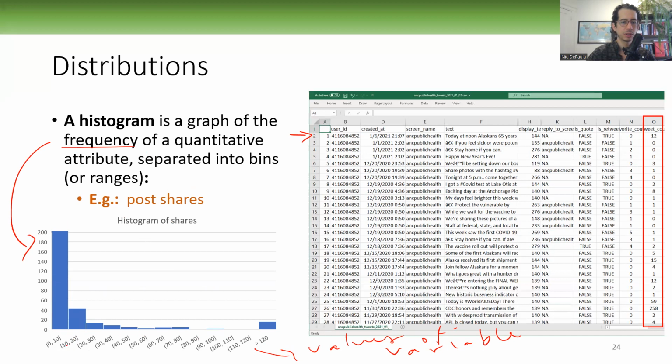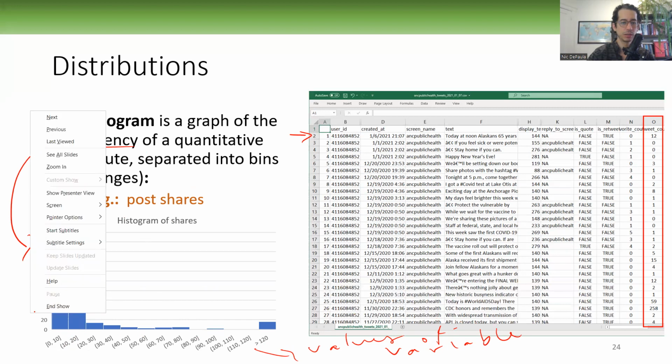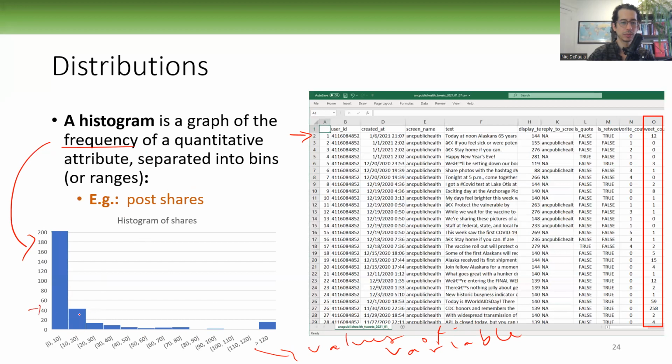Instances that had values between 10 and 20 made up 40, not 40%, just 40 records. About 40 records had values between 10 and 20. About 10 or so records had values between 20 and 30. About 18 or so records, how can I tell 18? Because I see 20 here, I'm just estimating. About 18 or so records had values around 120.